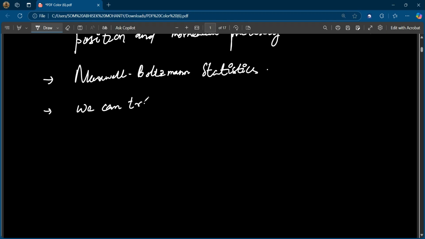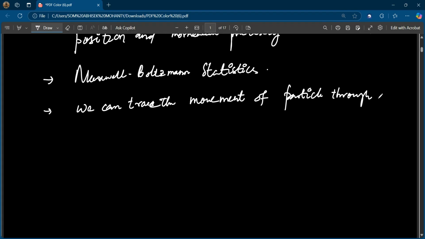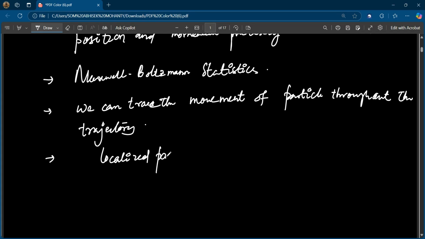Another point: we can trace the movement of a particle throughout the trajectory. We call them localized particles, meaning particles can be localized.